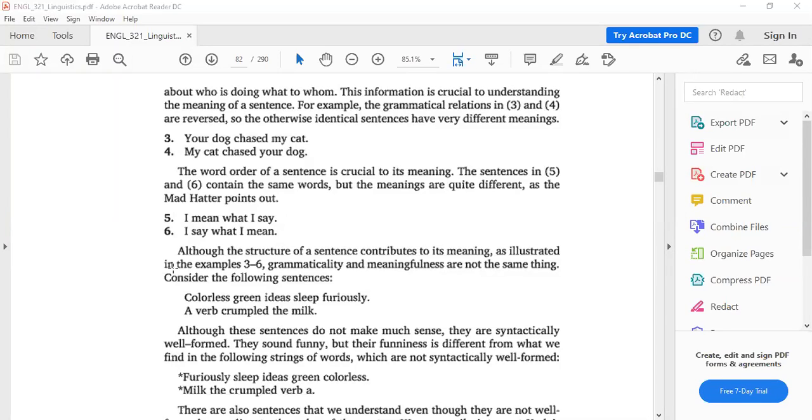Now, a very important question. Do grammaticality and meaningfulness represent the same thing? Are they the same? No, doctor.